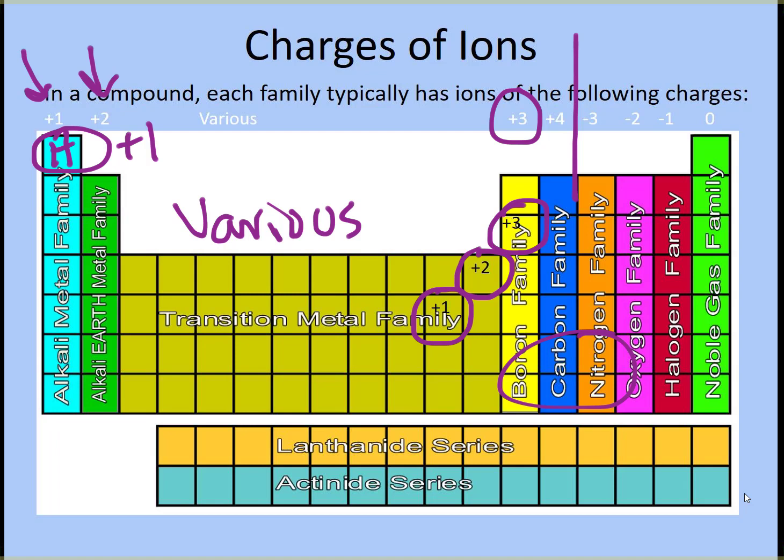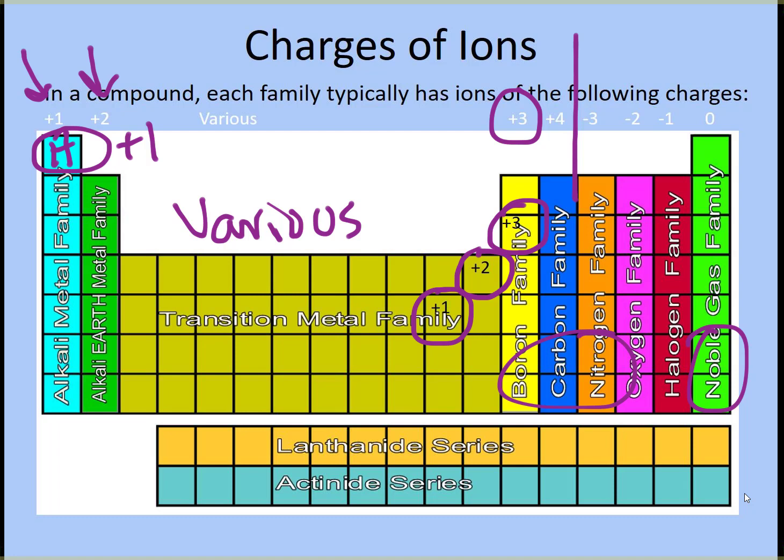But oxygen family, -2, halogen families are -1, and then our noble gas family tends to not form compounds, and so we say that nothing really happens. They used to be called the inert gases, but with a lot of heat and pressure, you can get the heavier ones to react, so they renamed them the noble gases.